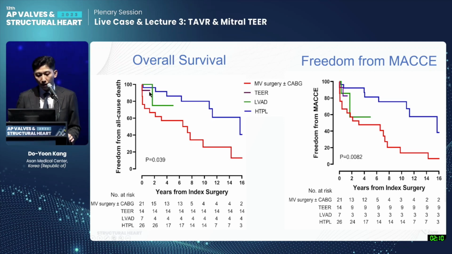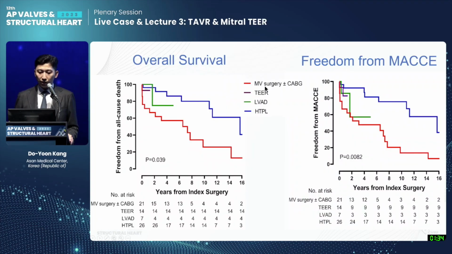This is a very brief Kaplan-Meier curve because the follow-up period of TEER for this indication is very short, but still we can expect that patients who underwent heart transplantation have the best mortality outcome. But TEER, at 1 year and 1.5 year follow-up, also has a good sign for survival in the short term, considering the old age of the patients. And for freedom from MACE, with stroke, death, myocardial infarction or other surgery, TEER shows comparable benefit with transplantation and LVAD.